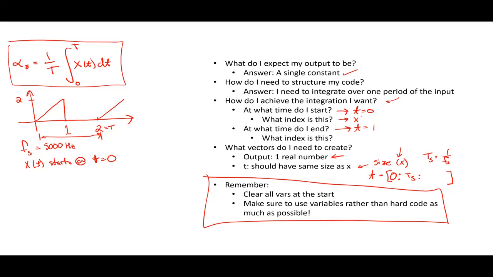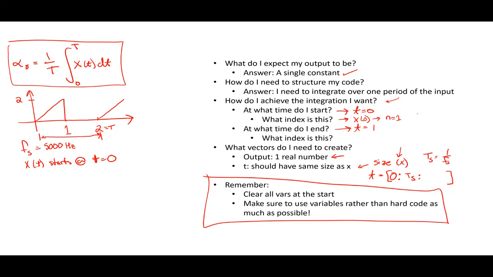Now I've got to be careful about this. We say we want to start at x of 0. Well, in Matlab, that means it's the first entry. So I want to start at what in this case I'm going to call the first entry, n equal to 1. All right, the first entry in the vector. That's a little bit confusing, right? We say x of 0 to mean at time t equal to 0, but that's the first entry in the vector.